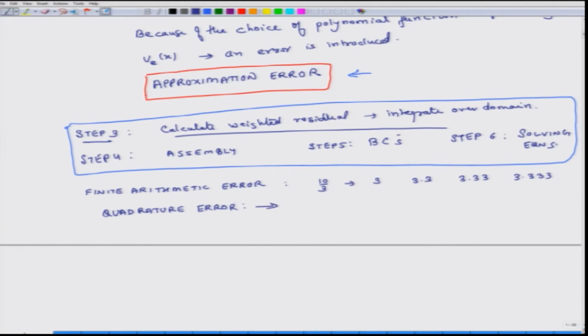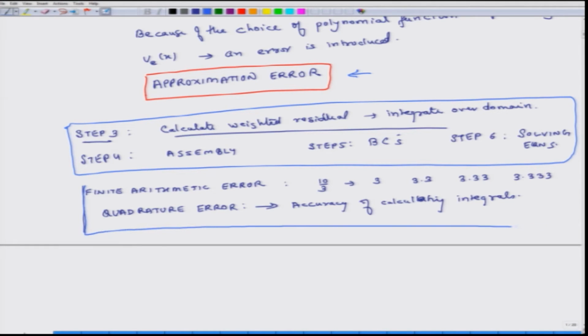And this depends on accuracy of calculating integrals. But both of these errors, finite arithmetic error and quadrature error, they are related to the numerical procedure which we are going to follow.